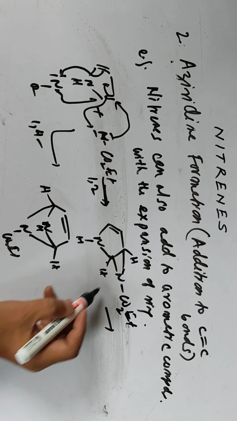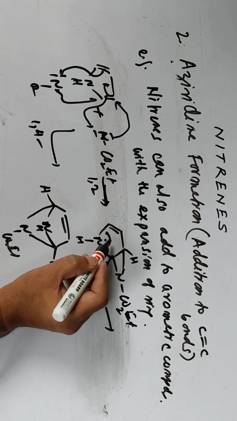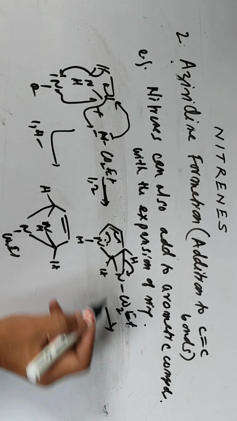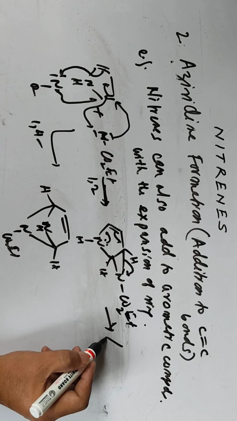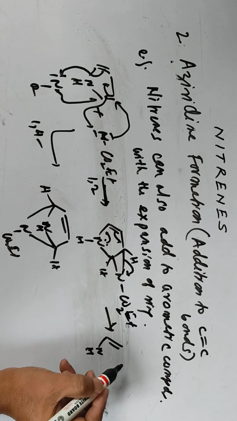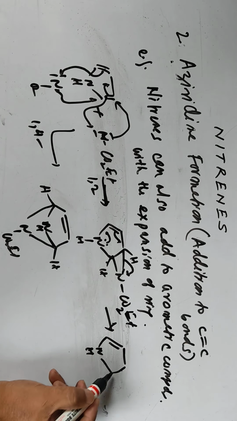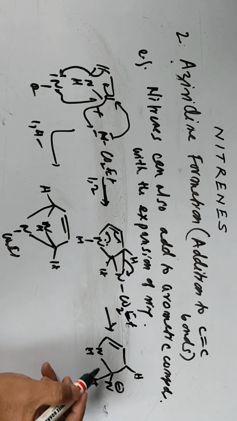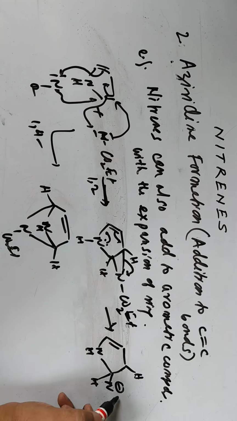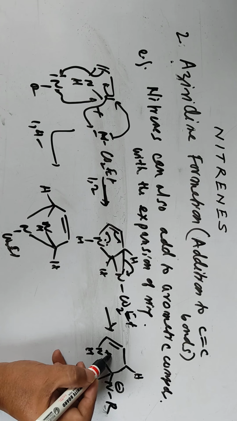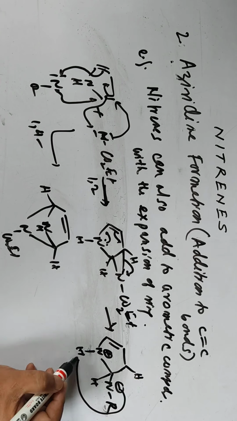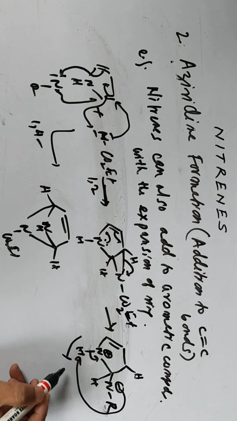You form a negative charge here, with a double bond here and a double bond here, and the hydrogen here. The nitrogen picks up this positive charge, the hydrogen is picked up, so it becomes NH here.